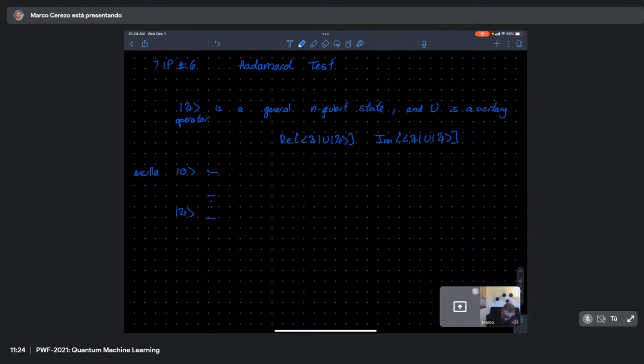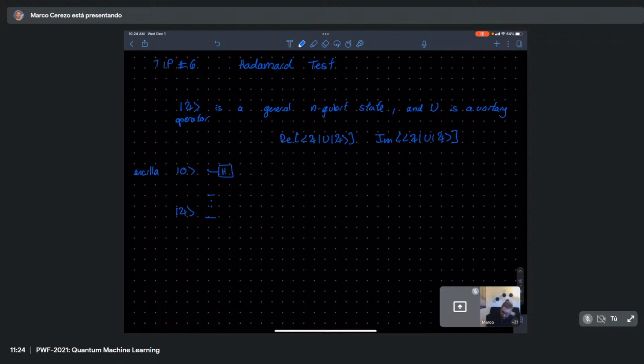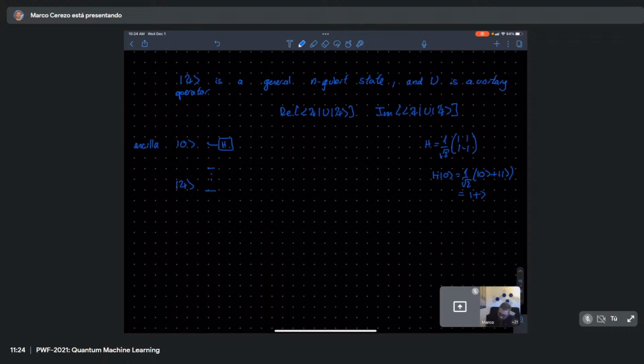And what the Hadamard test does, first, as the name suggests, it applies a Hadamard gate to my ancilla qubit, where the Hadamard gate, we've already talked about this, is a gate that looks like this, and it maps the 0 state to the plus state, 1 over square root of 2 times 0 plus 1, which is the eigenvector of X associated with the plus eigenvalue, and it maps the 1 to 1 over square root of 2 times 0 minus 1, which is the minus state, right?